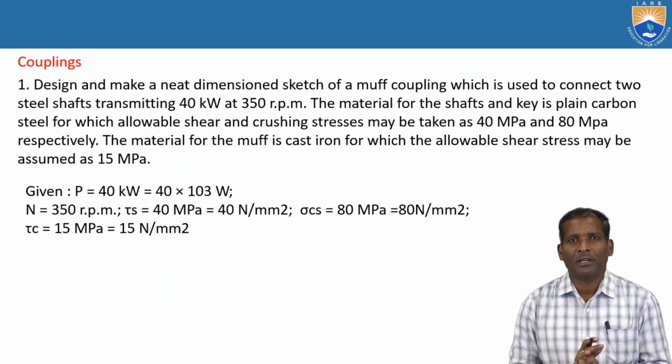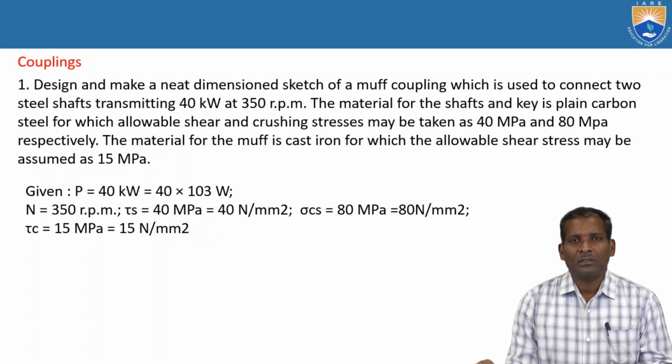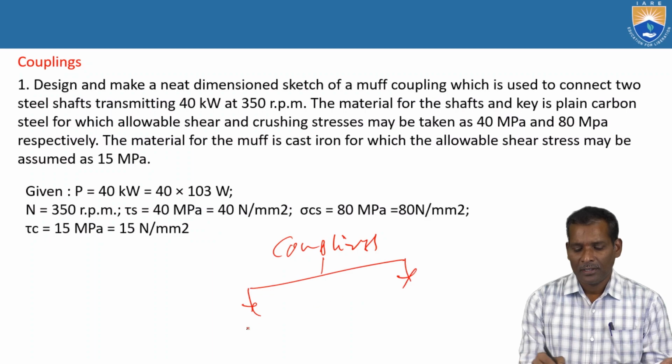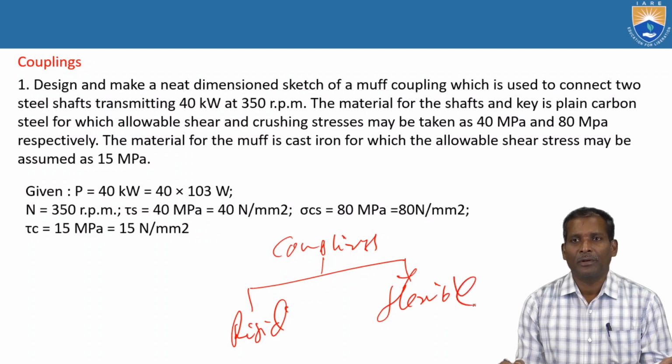So take one coupling problem. Various types of couplings are there, mainly classified into rigid couplings and flexible couplings. In the coupling section, I have already explained this. One is rigid type and the other is flexible.